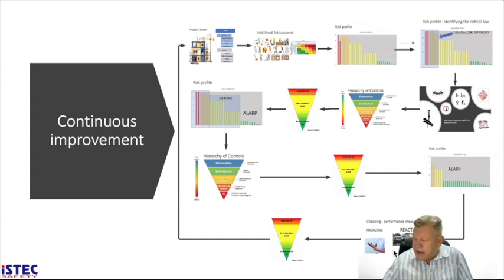I then check on a continuous basis, through proactive and reactive measurements, whether my controls remain effective. If they are not effective, they will come out of the level where they are as low as reasonably practicable, which means I then have to commence the process again. I need to review my context, my operation and the organization.